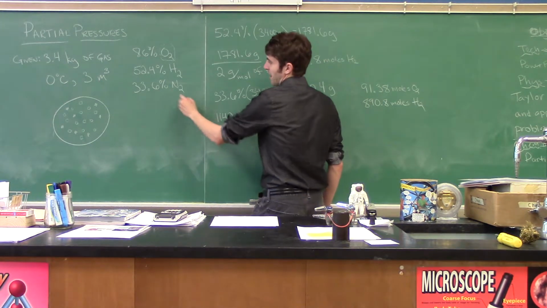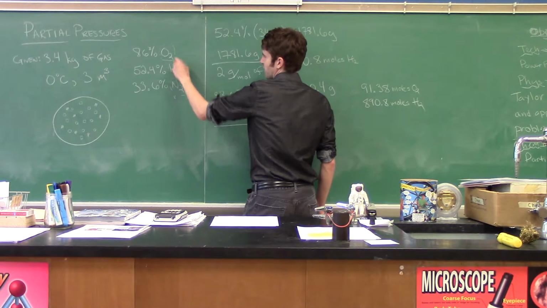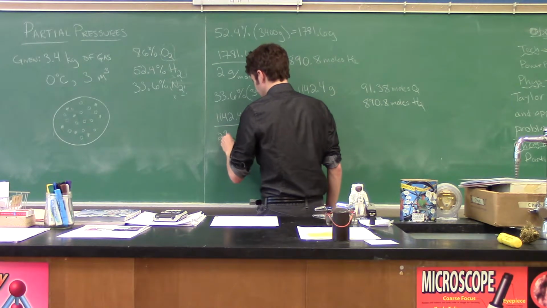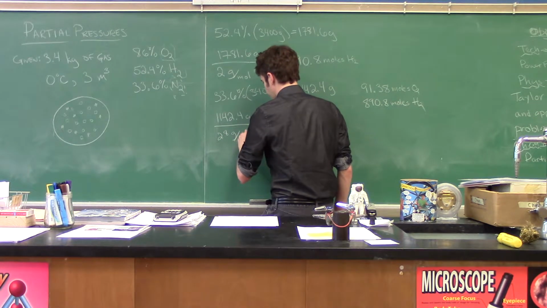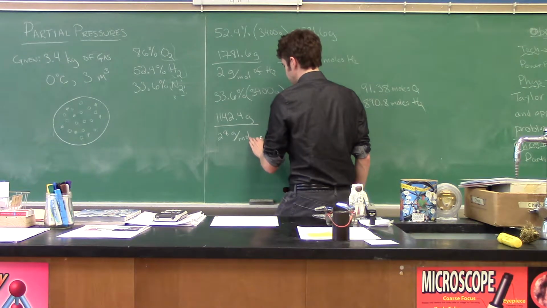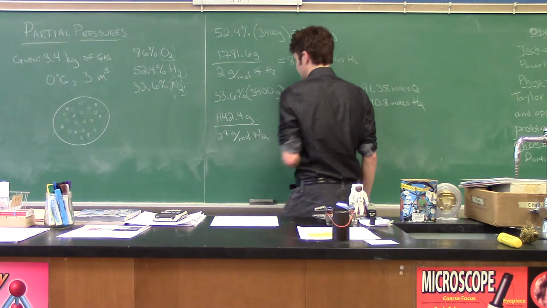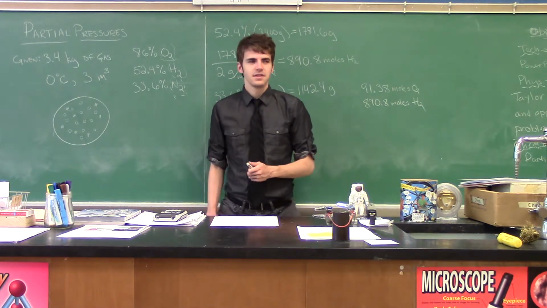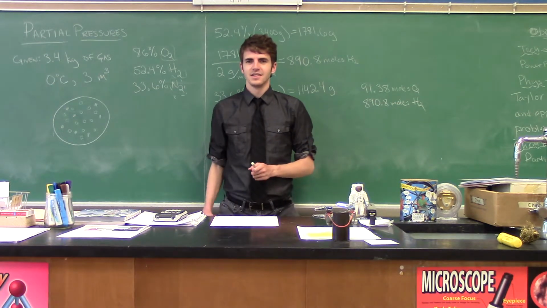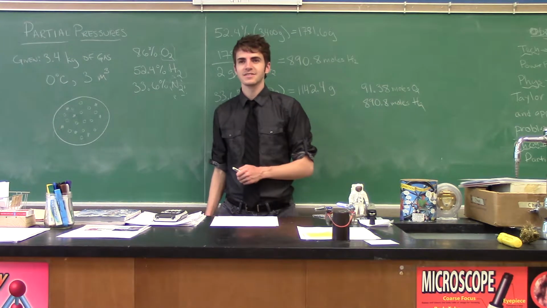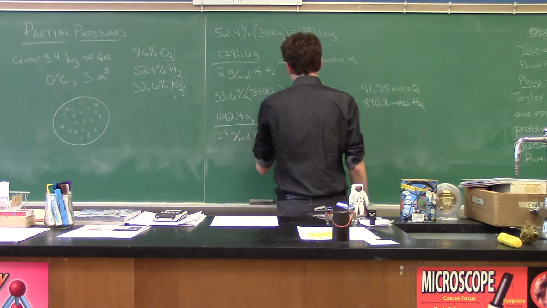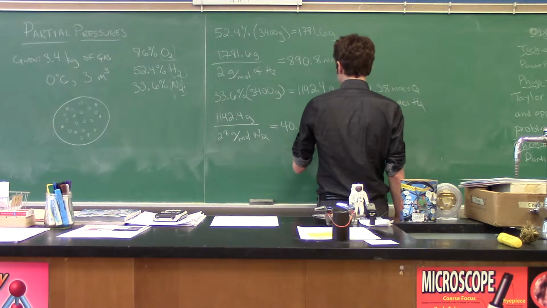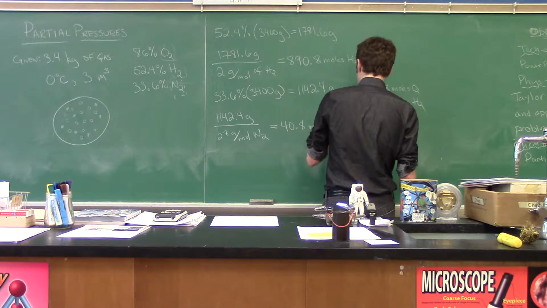Divide that by the molar mass of 2 nitrogens, just like we did with hydrogen and oxygen, and we'll get, what did we say, 28 grams per mole N2. Calculate. 40.8. So 40.8 moles N2.